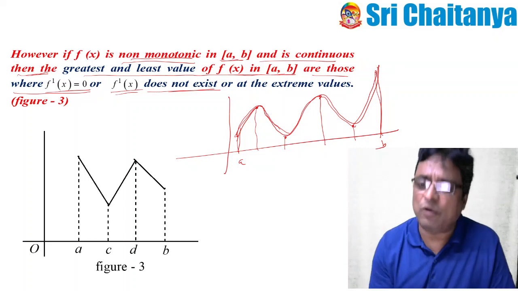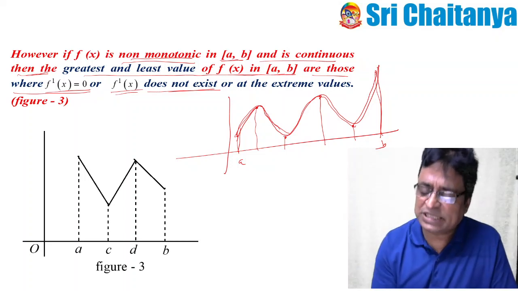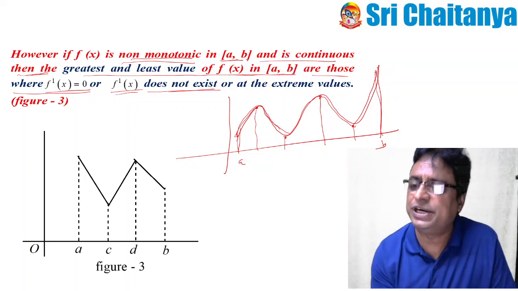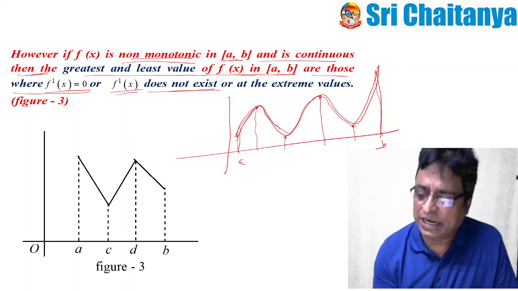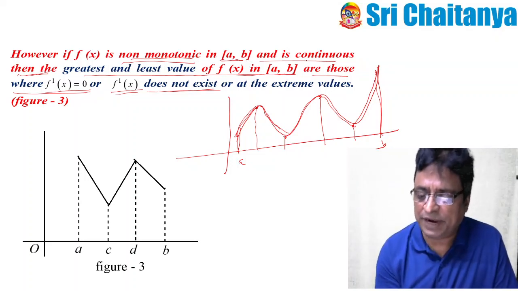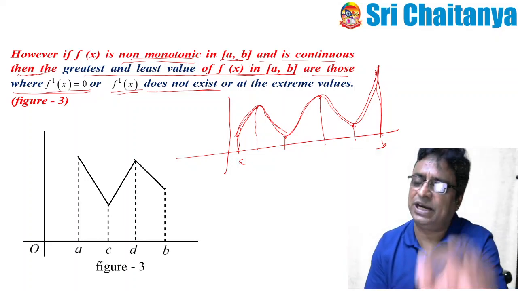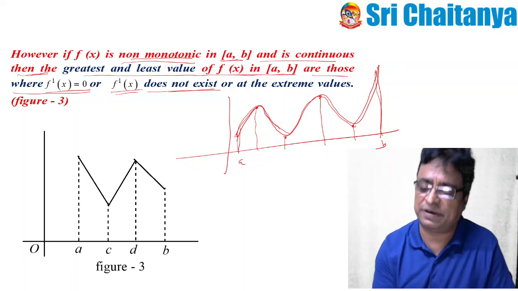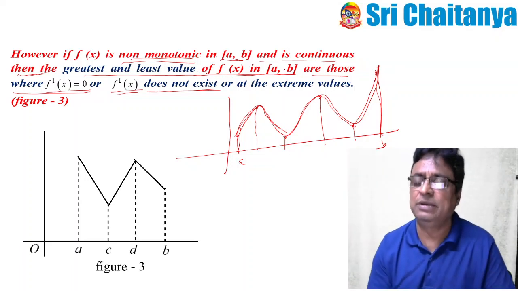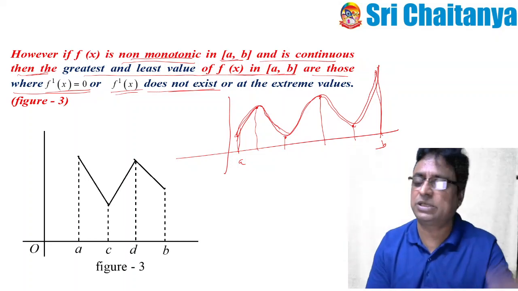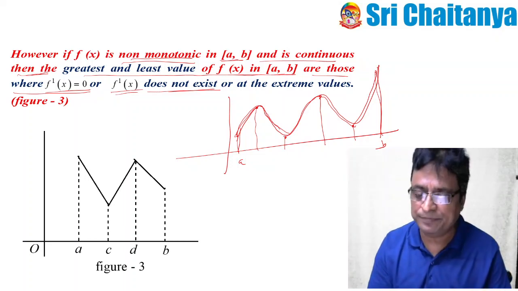Anyhow, to find the extreme values, suppose your function is non-monotonic in closed interval ab and is continuous. If anybody is asking you to find the greatest and least values of the function in a closed interval ab, sure, we can expect a good question in your board examinations or in competitive examinations. Then what to do?